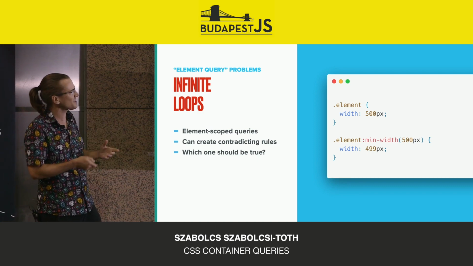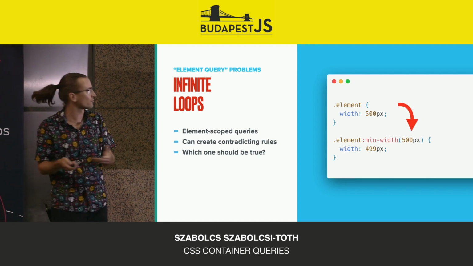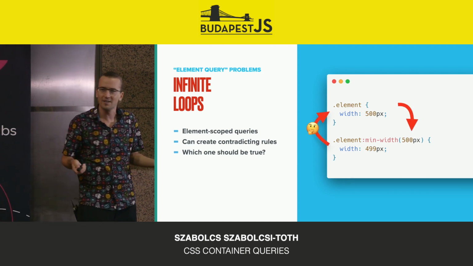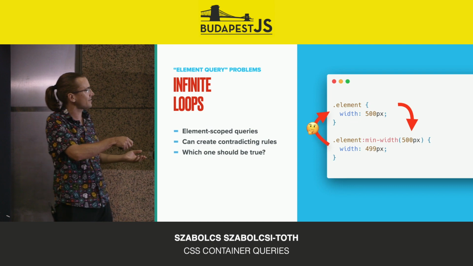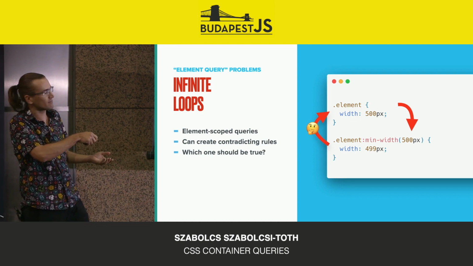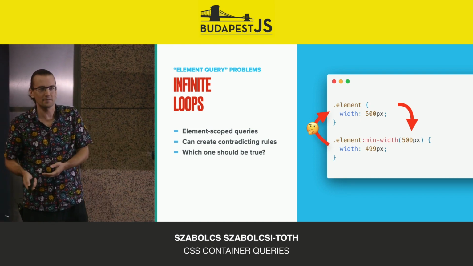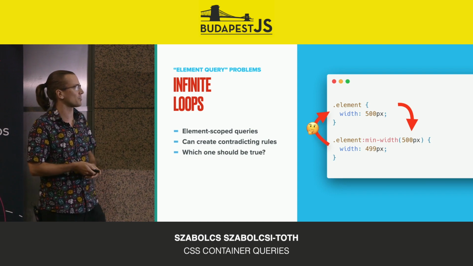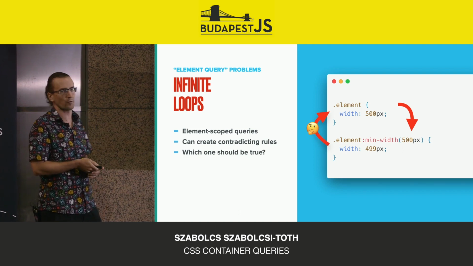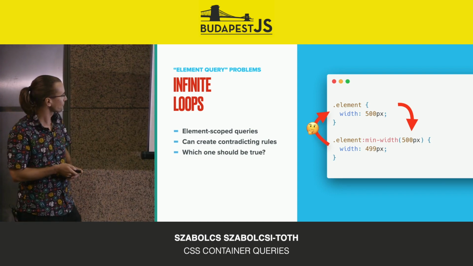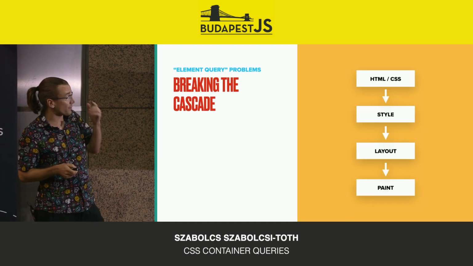So this led to contradicting rules. Which one should be true? Because if one is applied, then the second one kicks in, and again, and again. This is an infinite loop. This is one of the first problems that they found that this won't work. This cannot be done. The second one is breaking the cascade.